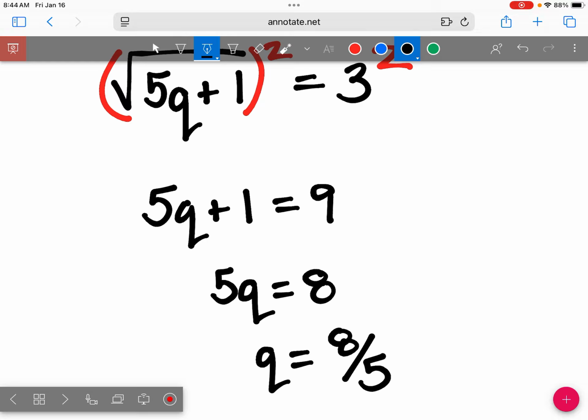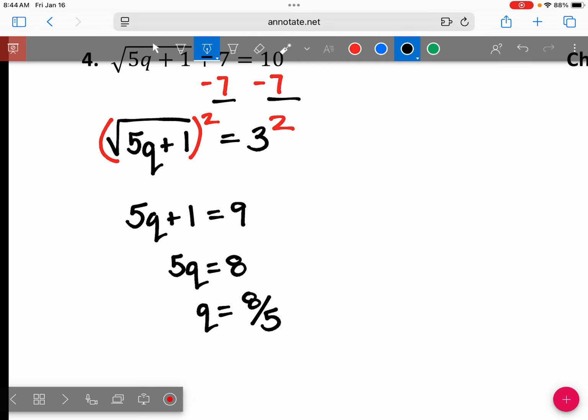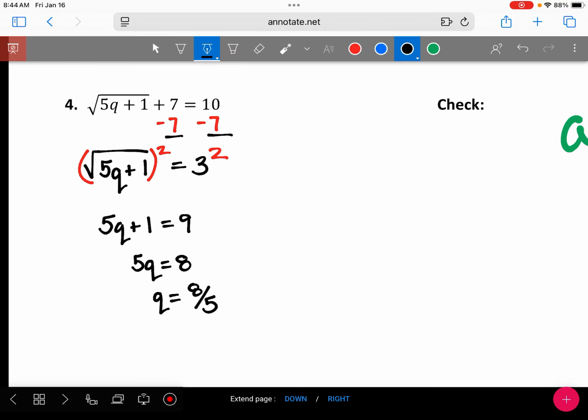So now let's do our check. I have the square root of 5 times 8 over 5 plus 1, and then on the outside, I have a plus 7. That equals 10.